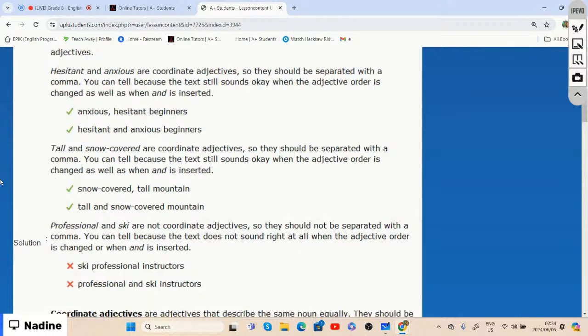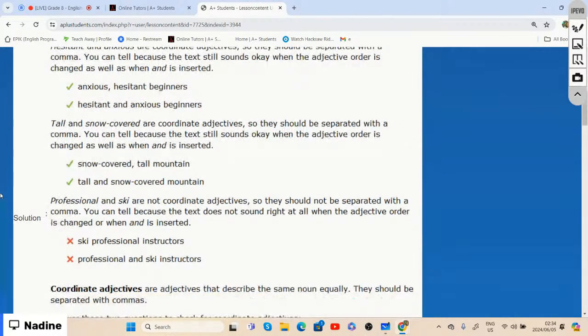Then we have tall and snow covered. Tall and snow covered are coordinate adjectives, so they should be separated, right? And they need to be separated with a comma.